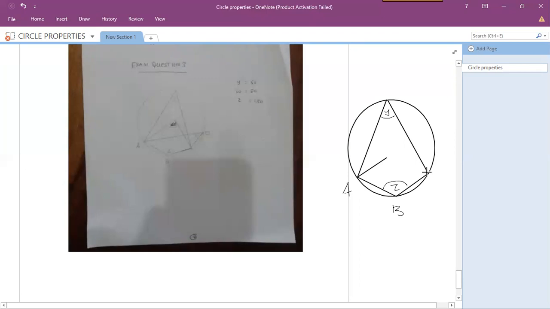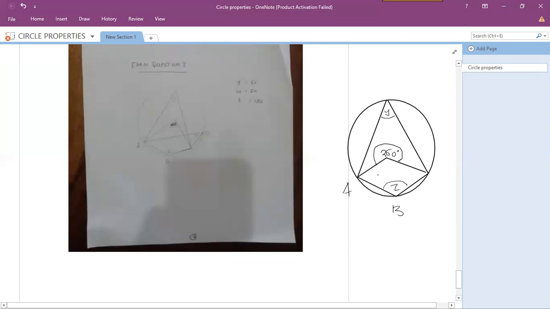But this one, they actually wanted to be smart with this question. To make it tricky, they put this angle here outside as 260 degrees. This whole angle here is 260 degrees.